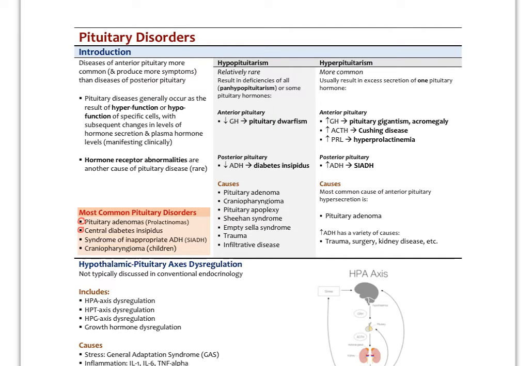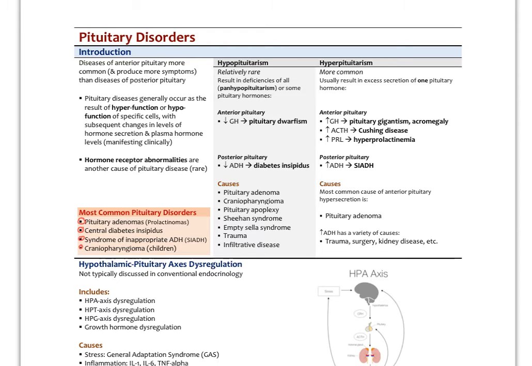That can happen as a result of taking too much lithium as medication or something like that. There's syndrome of inappropriate antidiuretic hormone, ADH. We talked about that. And then probably the least common on this list would be, in children, tumors of the hypothalamus called craniopharyngiomas, which can result in usually low secretion of these different hormones.